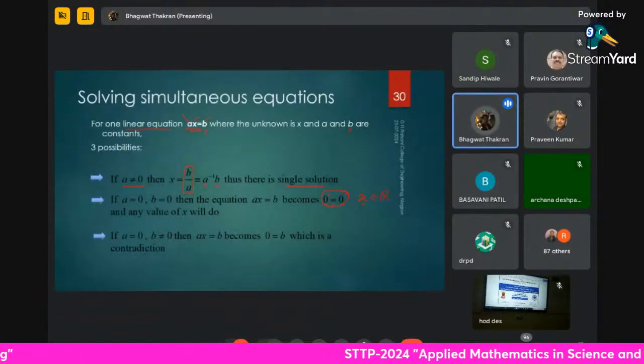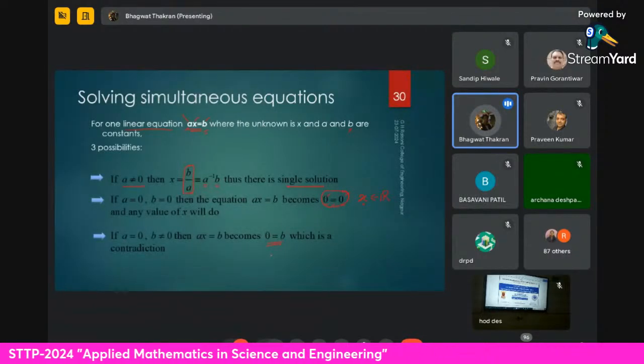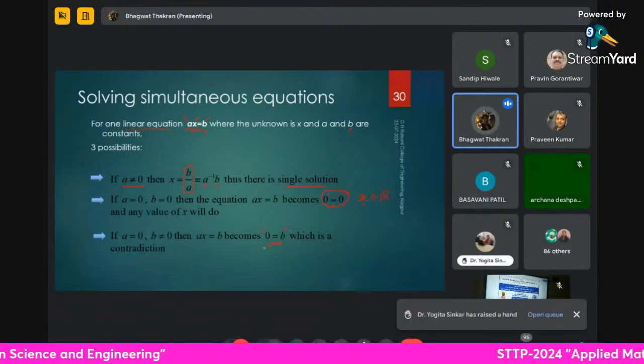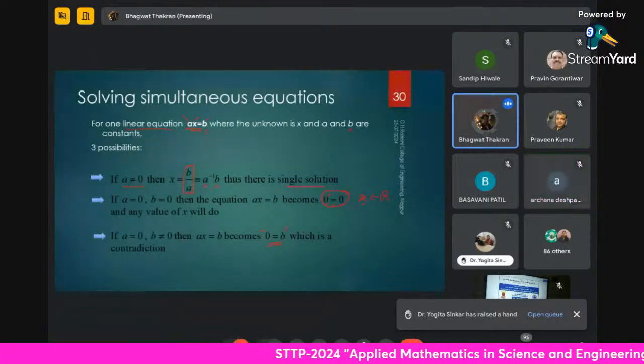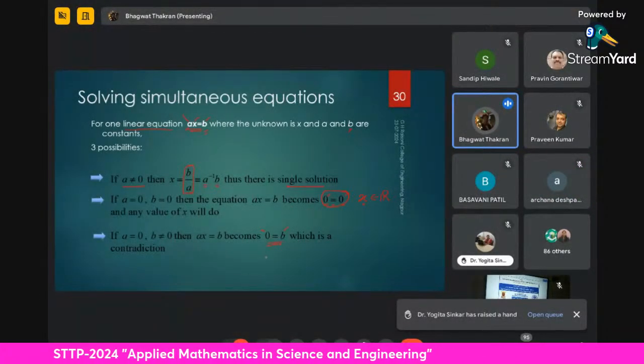But if B is not equal to 0, what expression do I have? The equality is 0 equals B. Because we don't know the value of B, B is a constant value.